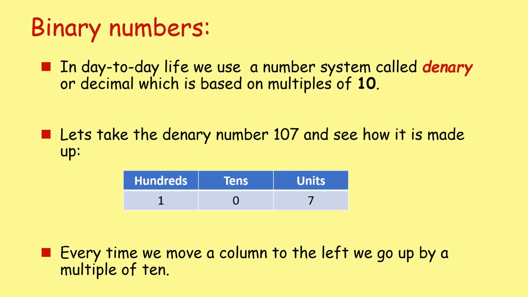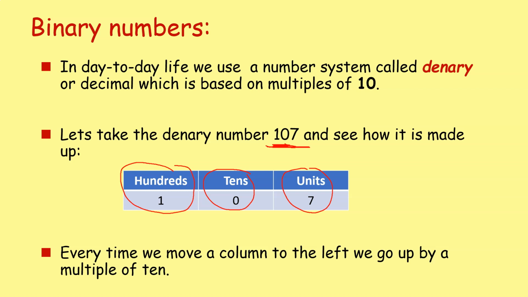In day-to-day life, we use a number system called denary, or decimal, which is based on multiples of 10. Let's take the denary number 107 and see how it is made up. We can see 107 is made up of 7 units, no tens, and 100. So we have 100 plus no tens plus 7 units, and that would collectively give us 107.